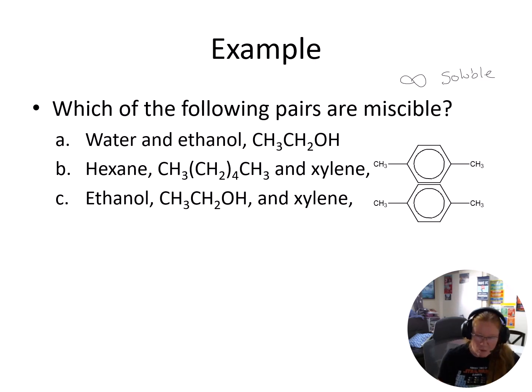When I look at water and ethanol, we just saw on the previous slide, these were miscible. Now we can take a look at hexane and xylene. Again, hexane, we've got all those carbons.